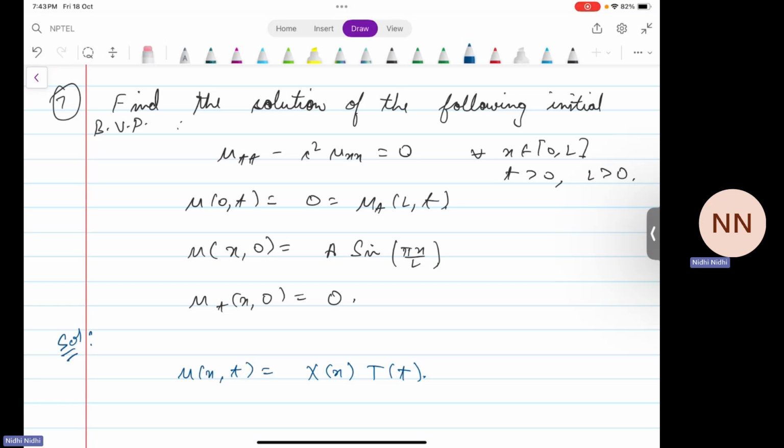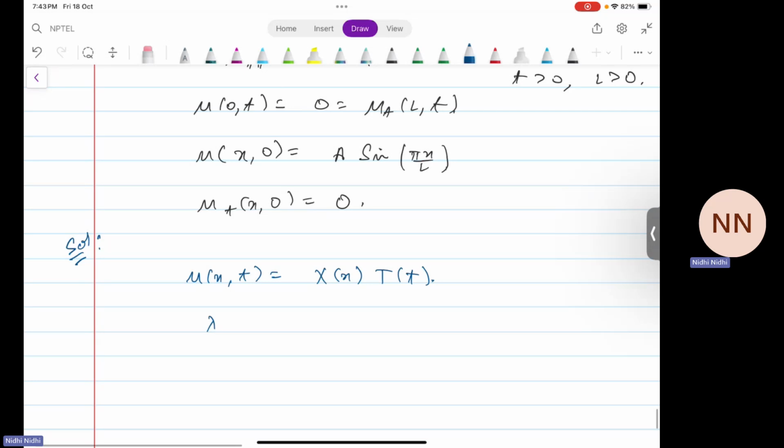In this case you will get lambda n equals minus n square pi square by L square, for which the problem will have a non-trivial solution. So again you will have to solve a Sturm-Liouville kind of problem. I'll wait for 5 minutes and I would like you to try this yourself. Reach at least till this point, lambda n equals minus n square pi square by L square.